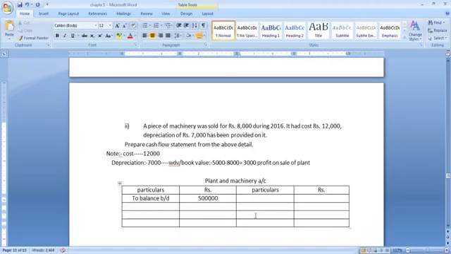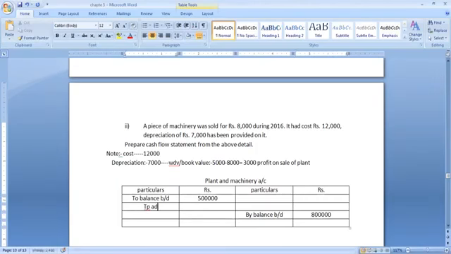So also take the closing value by balance brought down. So what is the value of brought down? It is 8 lakhs. Clear? There is also profit which is earned on it.